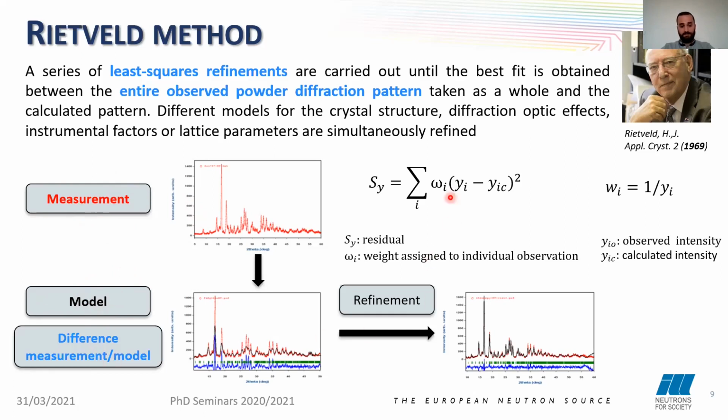And this is done by minimizing the residual Sy, which is defined as the sum of the square of the difference between the observed and the calculated intensities. And in order not to give more weight to those peaks that have higher intensity, a weight is assigned to each peak and is defined as the inverse of the observed intensity.